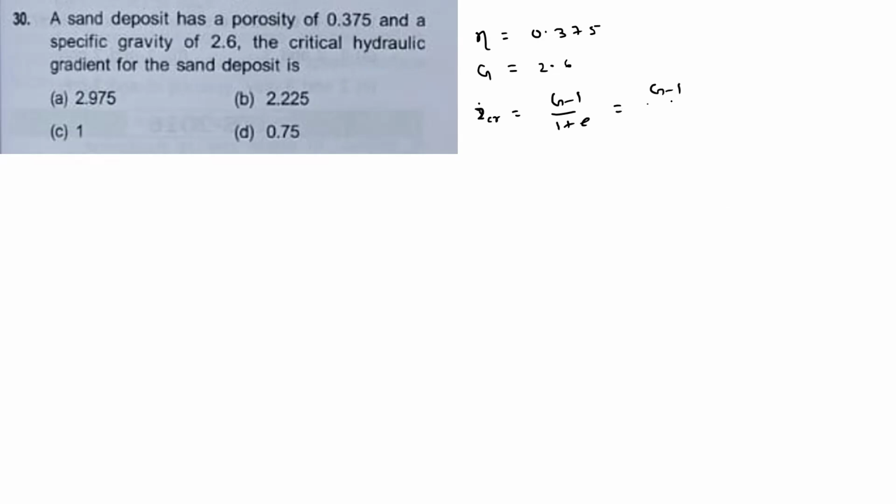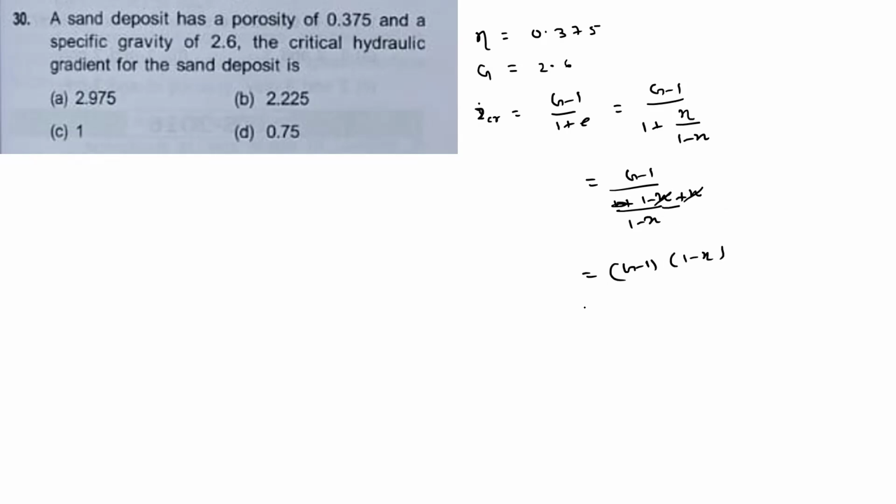So this is (G minus 1) divided by (1 plus e), where e is n divided by (1 minus n). So 1 plus e is 1 minus n plus n divided by (1 minus n).